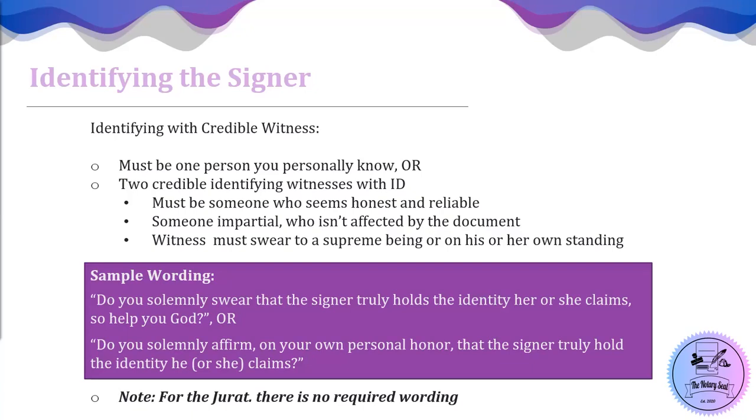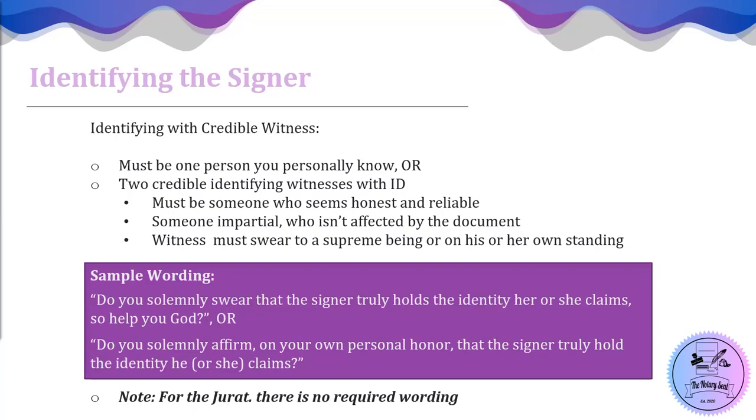And the witness must swear to a supreme being or on his or her own standing. So again, like we said, a supreme being could be a judge, but in most cases that won't be the case, and they will just be swearing upon their own standing.